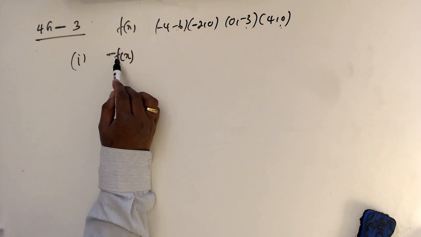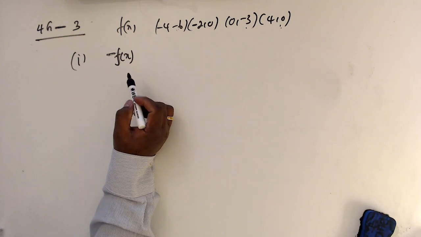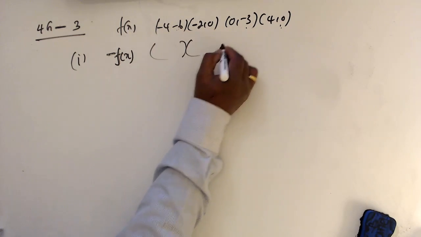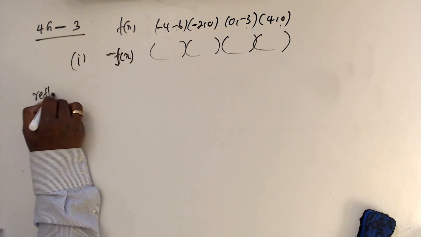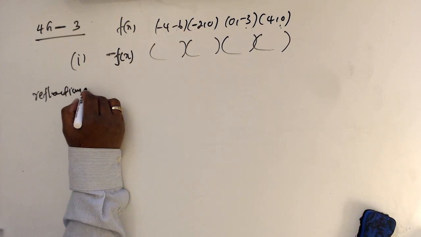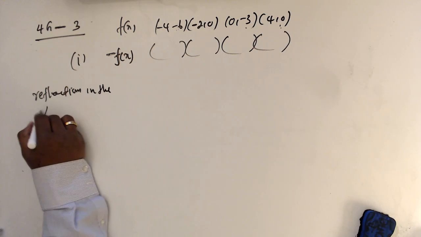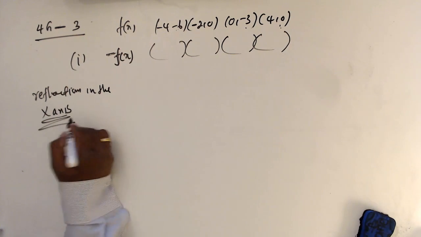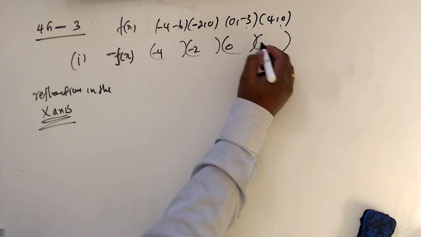All the y values, in other words you multiply all the y values by -1, or change the sign of the y values, because we know this is going to be a reflection in the x-axis. The x values are going to stay as they are.